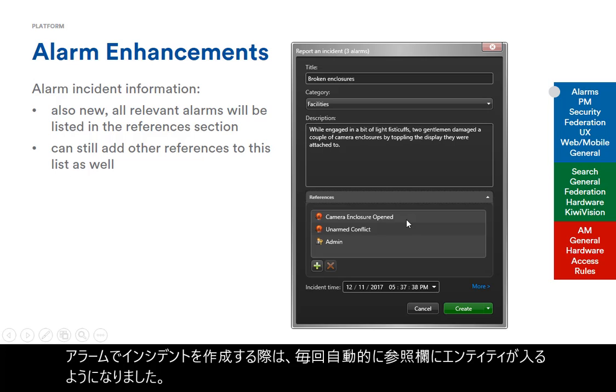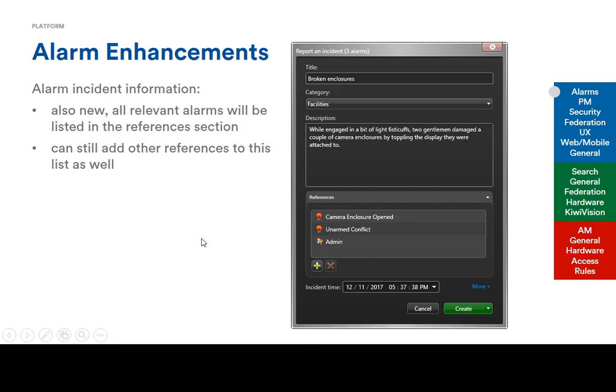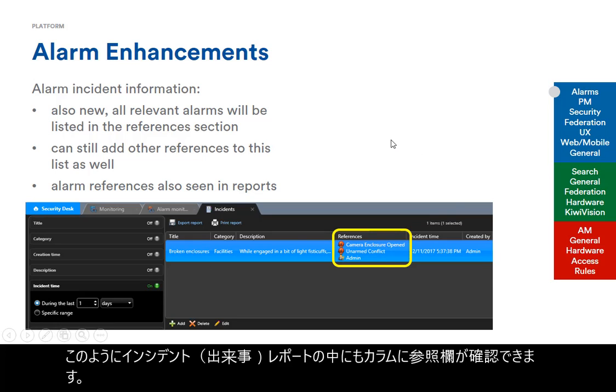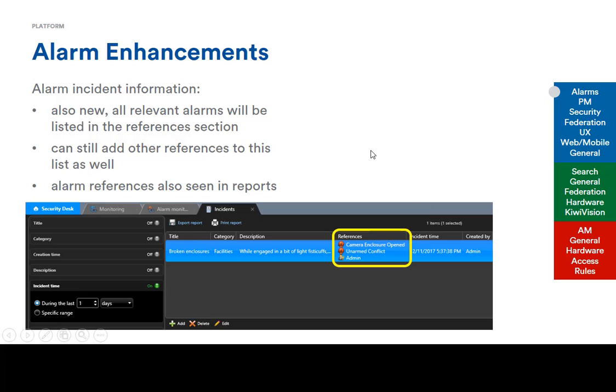Now it will be listed in the references, a nice little automatic feature here. And of course, if we run a report, if we want to look at our incidents, we have our incidents report here running, and we do have those references here. So that's something nice that we can see.